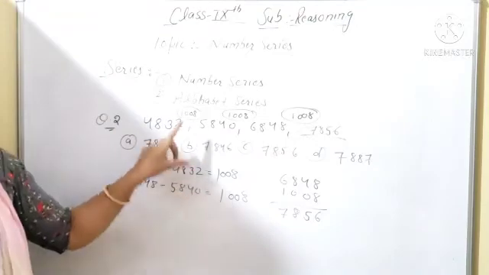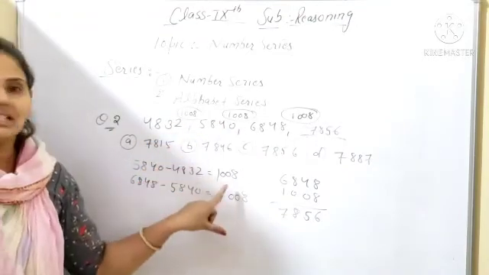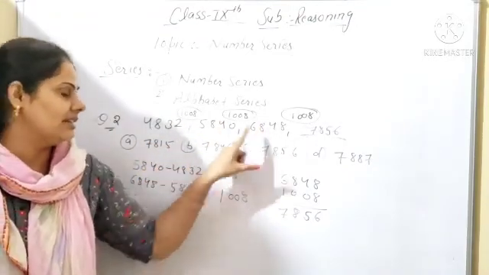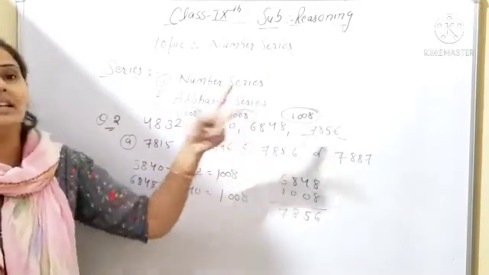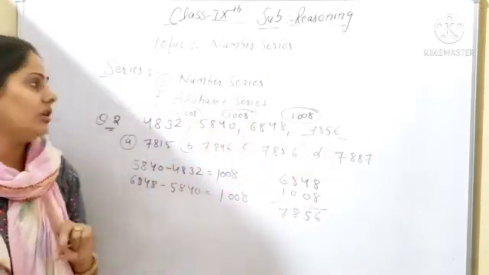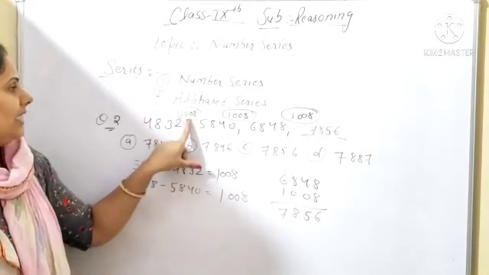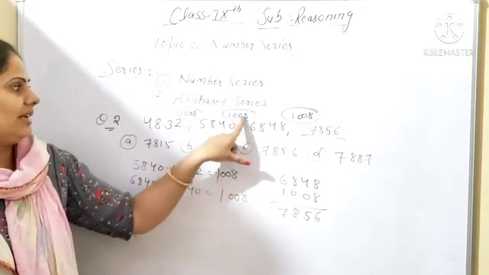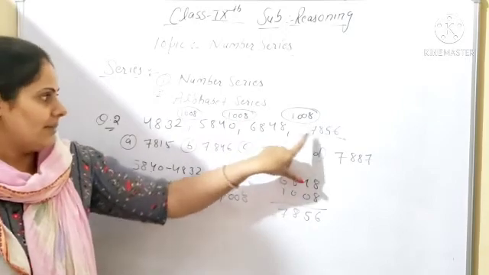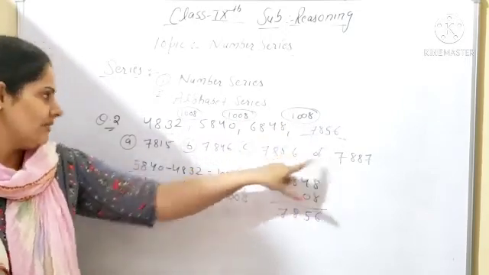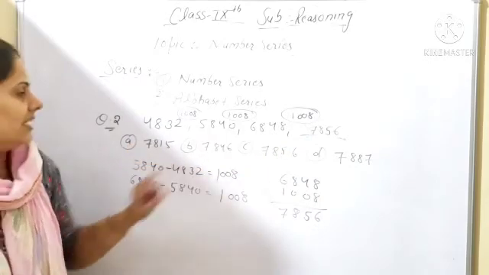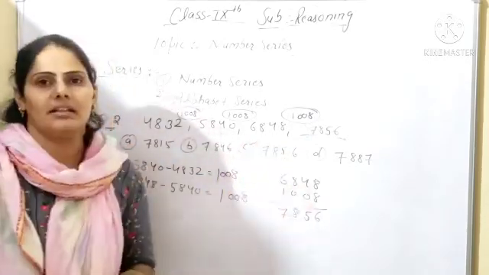Okay, because in both the numbers, the first and second difference is 1008 and the second and third number difference is also the same. It means in all the numbers the pattern will be only 1008. You will add 1008. So if you add 1008 to 4832, you will get this number. If you add here, you will get this number. Again if you add, you will get the next number 7856. Now you can check which option is correct. So C option is correct.